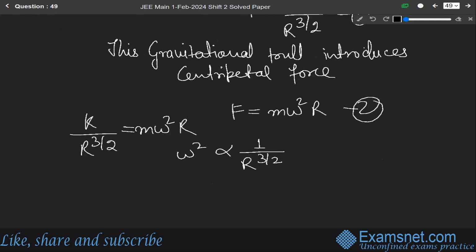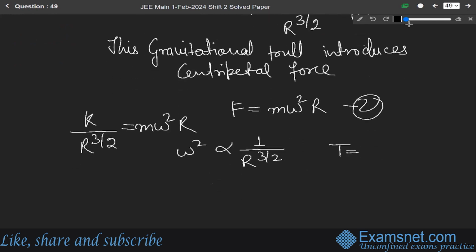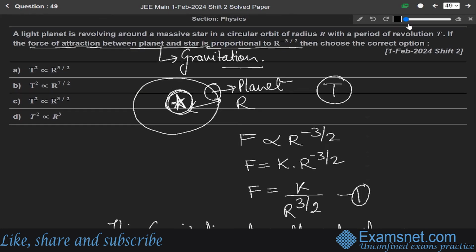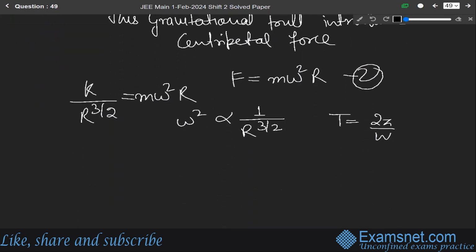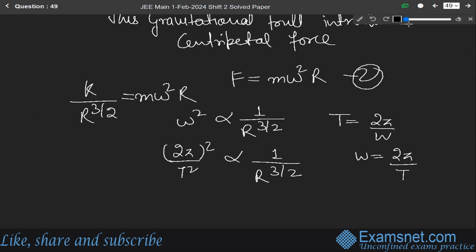And we know that time is 2 pi over omega. In the question, we have to find what? Time. So time is equal to 2 pi over omega. So from this, omega will be equal to 2 pi over t. Omega square means 2 pi over t square. Okay, so it will be proportional to 1 over r to the power 3 by 2.